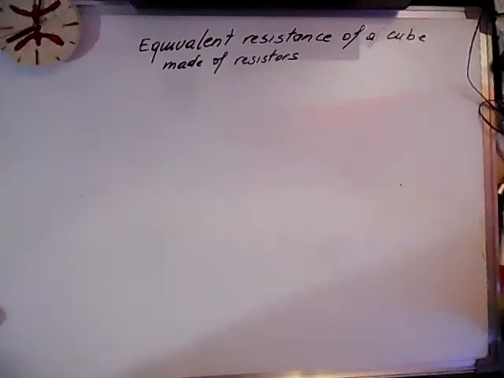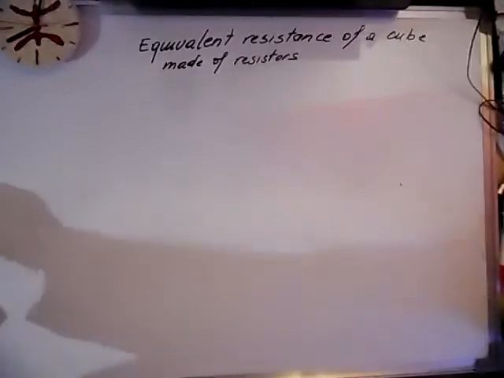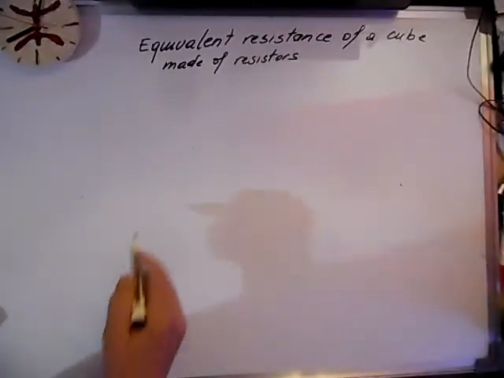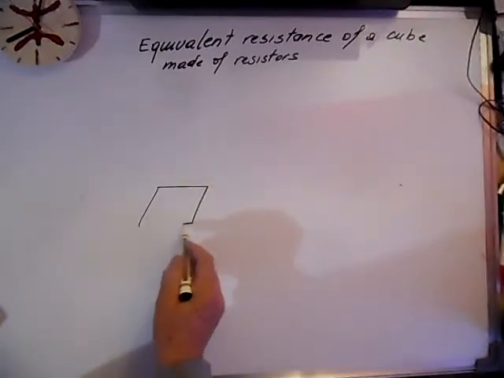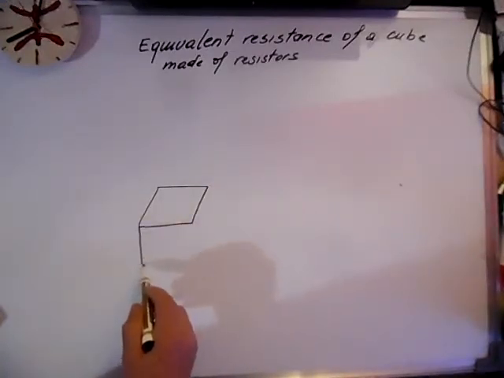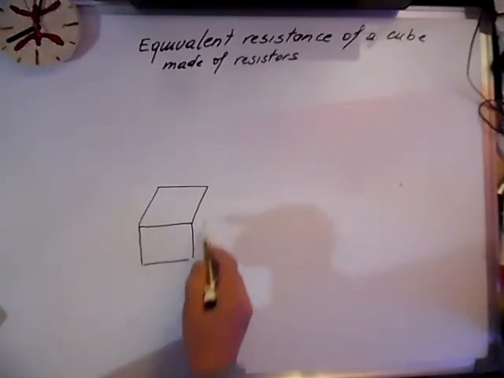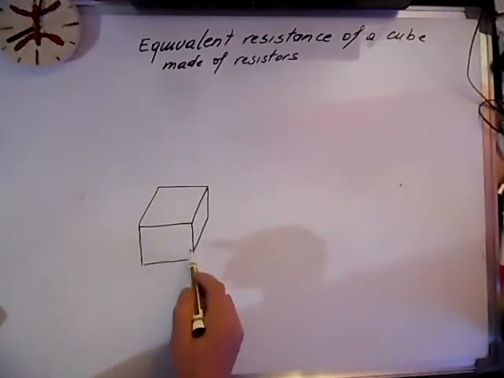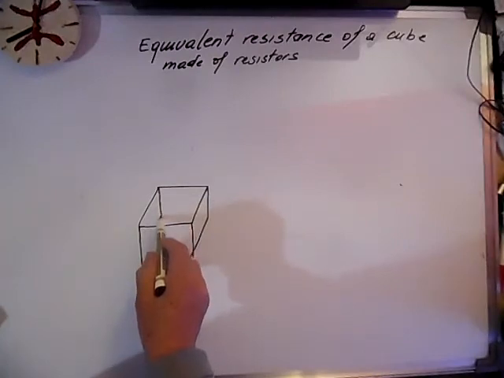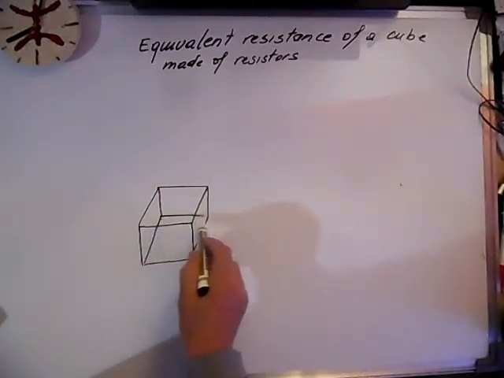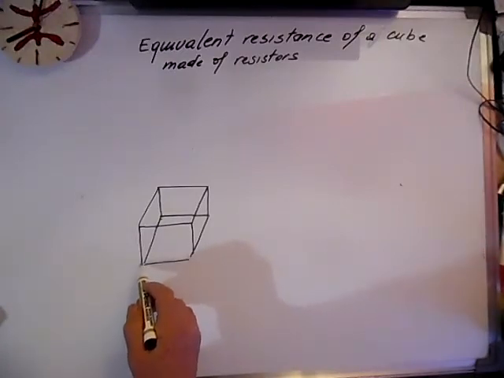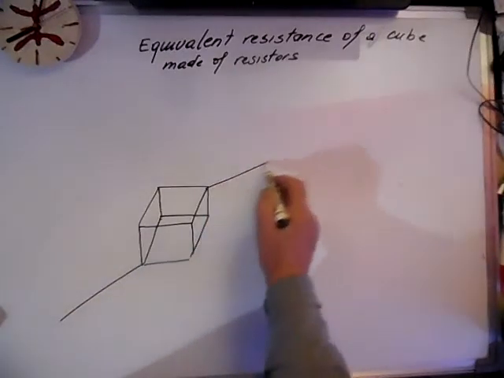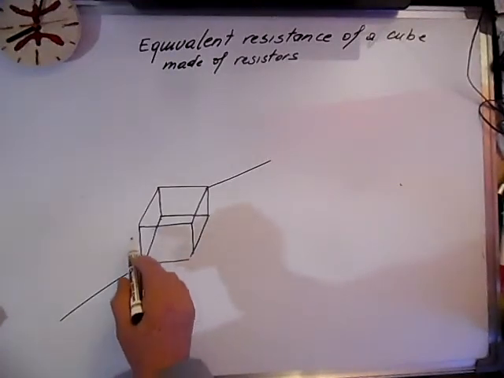Good morning. Suppose that we have to calculate an equivalent resistance of a cube made of resistors. I'm not going to draw these resistors, but suppose we have a cube, not equal resistors, because equal resistors is easily done, and you can find it on YouTube, many examples.